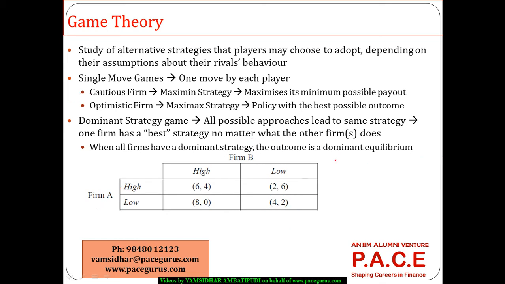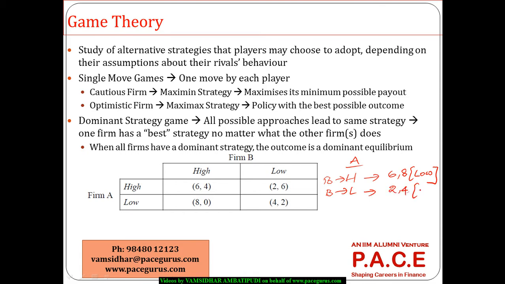Now let's look at an aggressive approach here. From A's perspective, if B is setting high, A's payoffs are either 6 or 8. So the highest payoff is 8, which is when he is setting a low. Similarly, if B is setting low, A will get either 2 or 4.